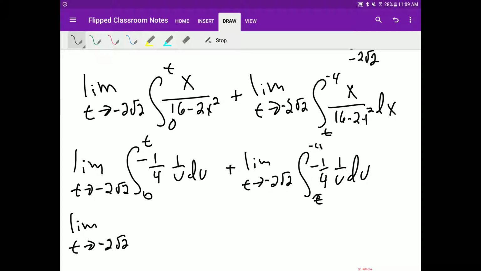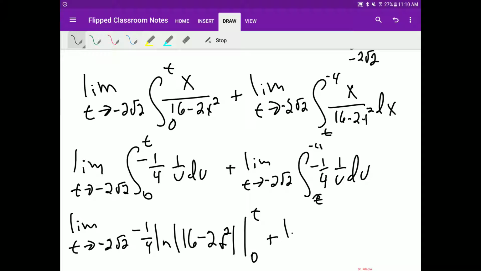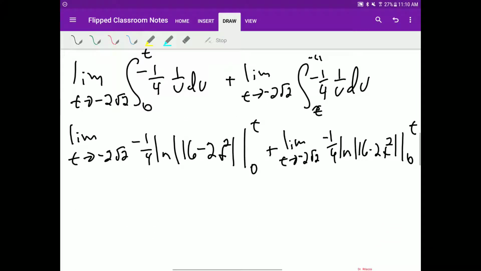We're no longer taking the integral; we have negative 1/4 times the natural log of the absolute value of 16 minus 2x squared, evaluated from 0 to t, plus the limit as t goes to negative 2 square root 2 of the same thing, minus 1/4 natural log of 16 minus 2x squared, from t to negative 4. So we have those two limits to evaluate.